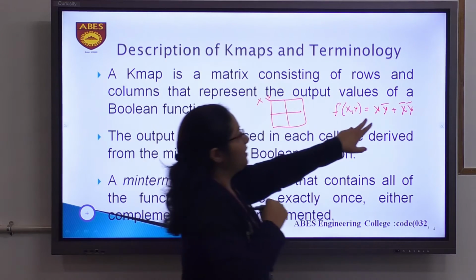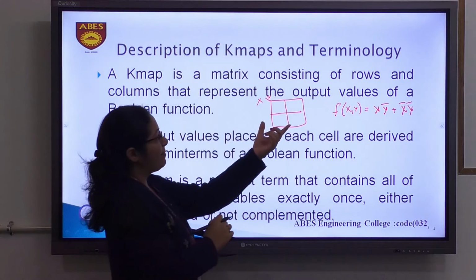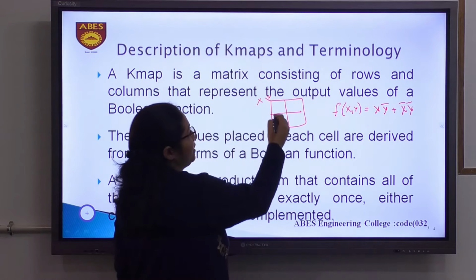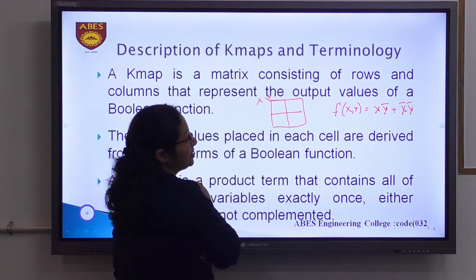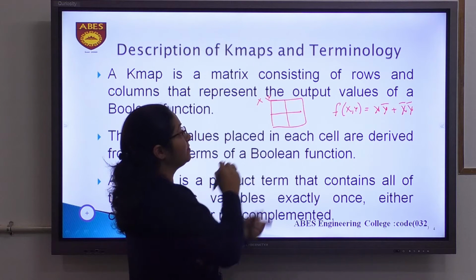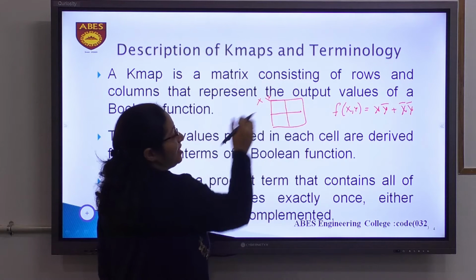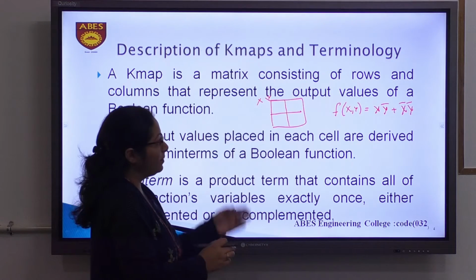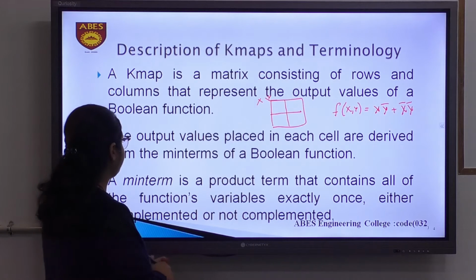How can we represent this function in the form of a matrix? A K-map is generally a matrix having rows and columns, and each square is called a cell. Each cell contains either the minterm or the max term. We will further discuss what minterms and max terms are.